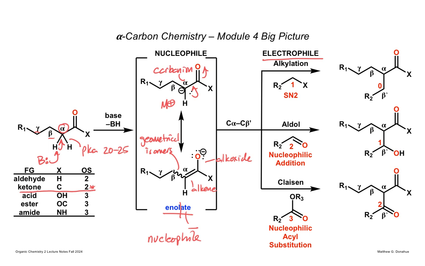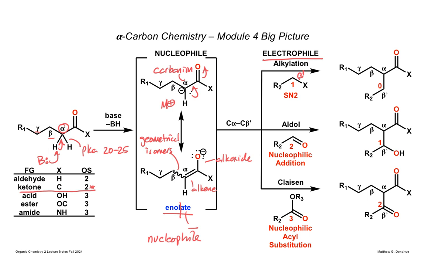What I've highlighted under the arrow with the red number, that's the oxidation state. And that's going to be your beta prime. I'm going to use that prime to show that it's now branching off from the original carbon chain of what you started with.